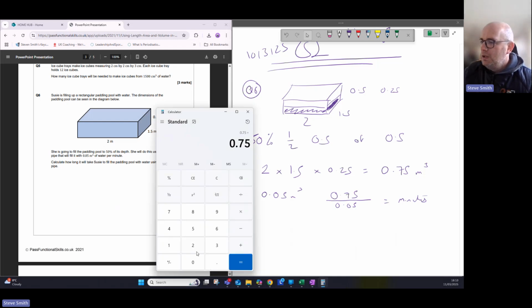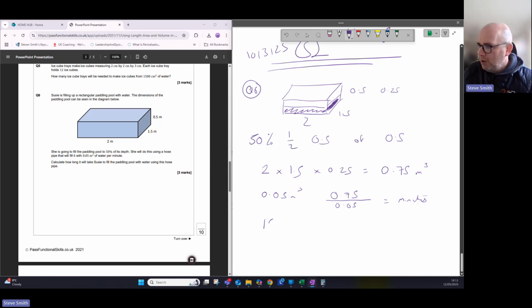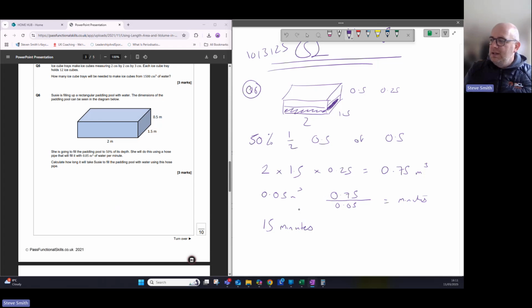So divided by 0.05, because that's what it says here, equals 15. So the answer to fill up her pool to halfway up the depth is 15 minutes. So the 3 marks there, we've got 1 mark for actually recognizing that we're only going halfway up there.